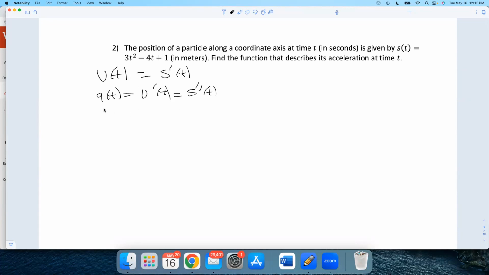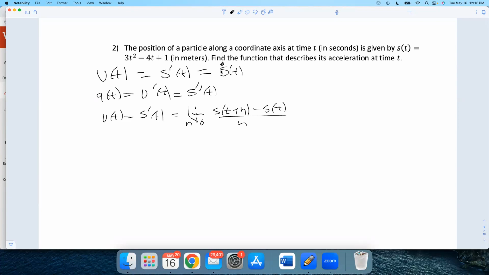So we're given some position function here. Let's find velocity. That will be s prime of t. That will be the limit as h approaches 0 of s of t plus h. My independent variable was t here instead of x. We might also call this, by the way, I've mentioned this before, s dot.